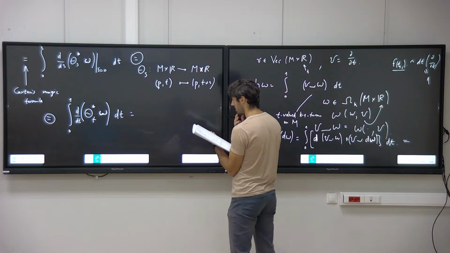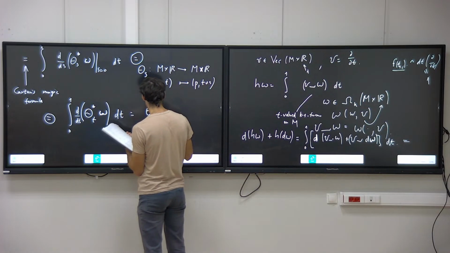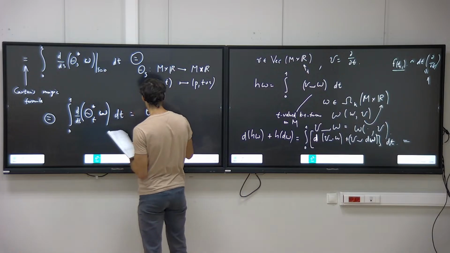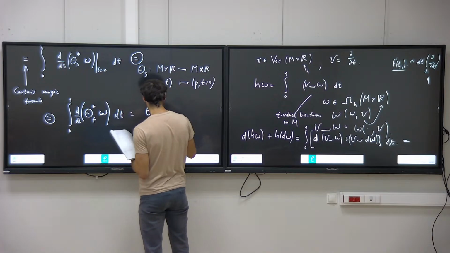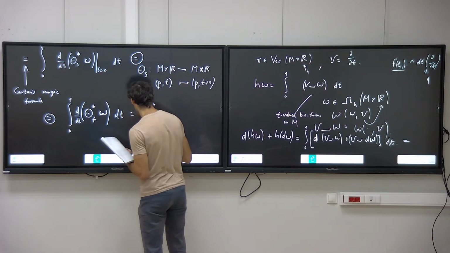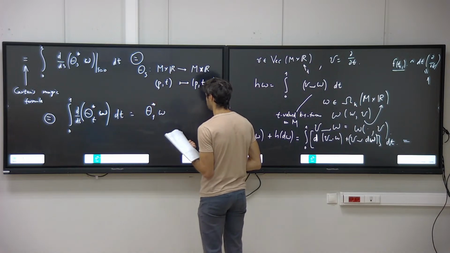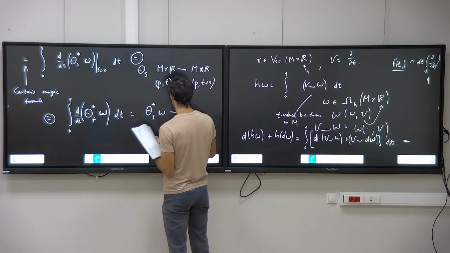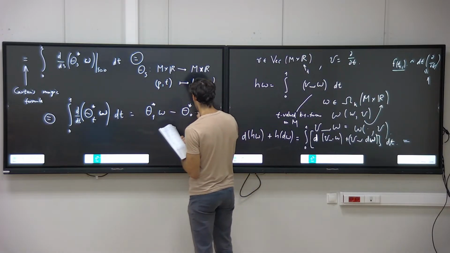Right, but this is, yeah, so theta star at 1 of omega, sorry, of omega, minus theta star 0 of omega.